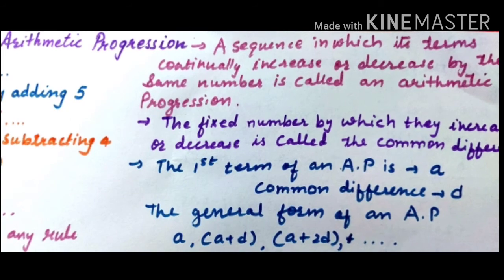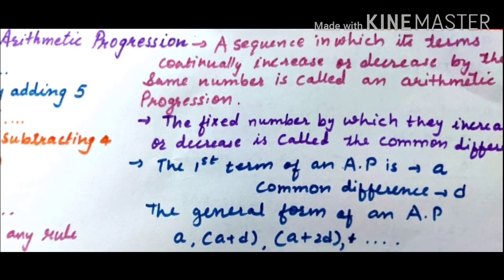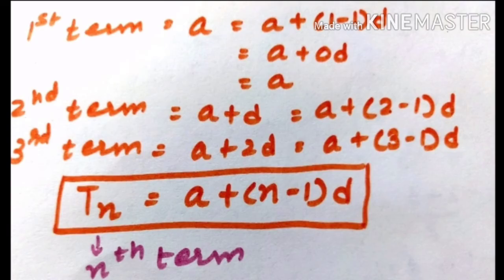Generally, the first term, as I told you, is a. We find the first term by our formula: a plus 1 minus 1 means no difference for the first term, so 0 times d is 0, and that term becomes 0. So we get our first term equal to small a.